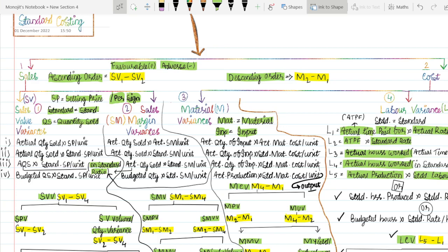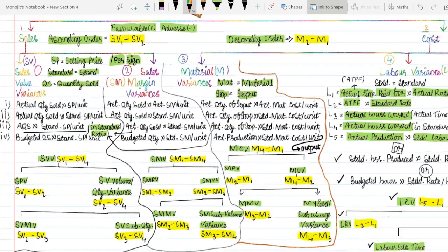In sales value variances there are four parts, meaning there are four formulas. So the formula number one is actual quantity sold into selling price per unit, and the second formula is actual quantity sold into standard selling price per unit.